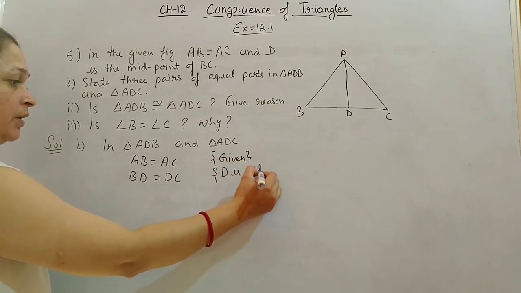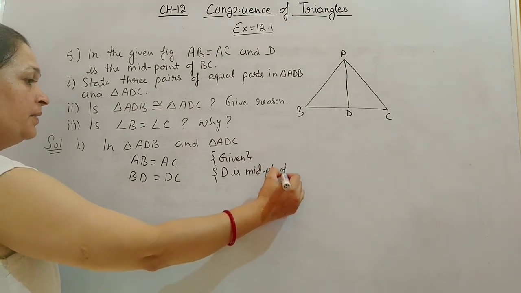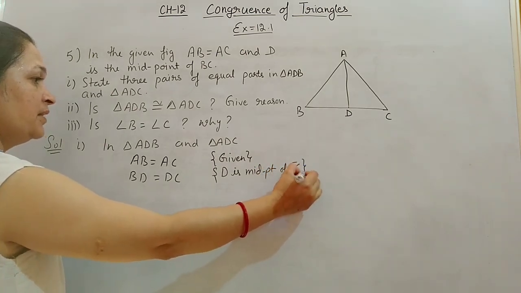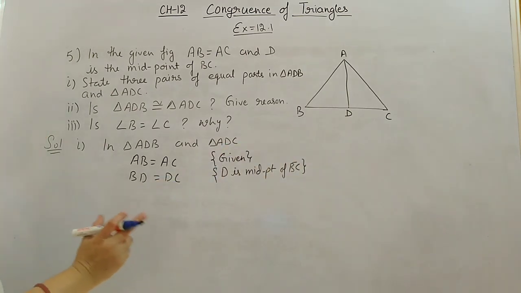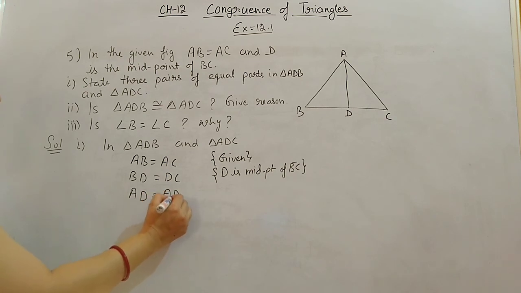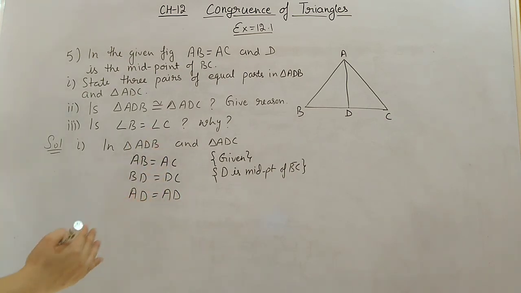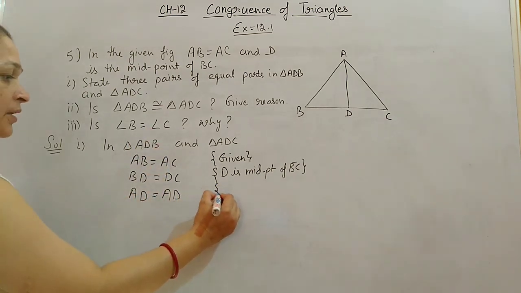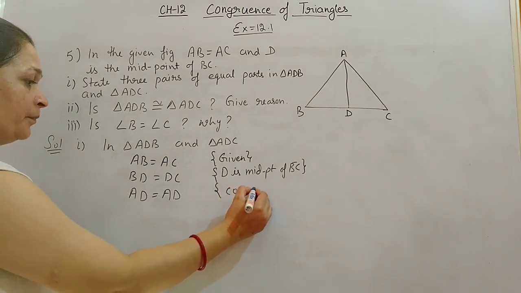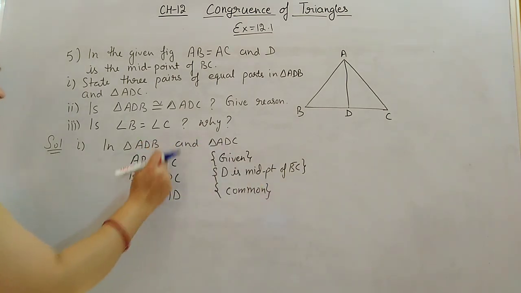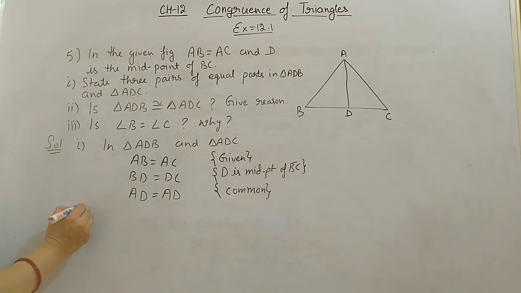Midpoint means it is dividing exactly in half. So both sides will be equal. Third, we can compare AD. AD is equal to AD because AD is coming in both the triangles. So AD is common here. So all the three parts we have compared. Second part, are these two triangles congruent?